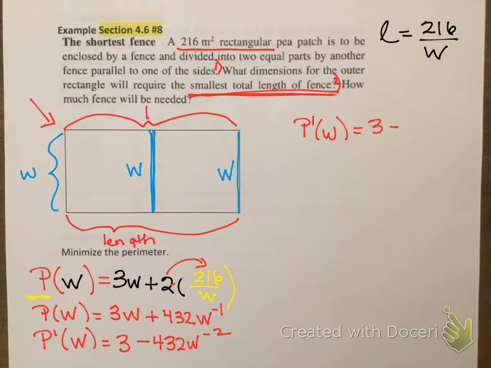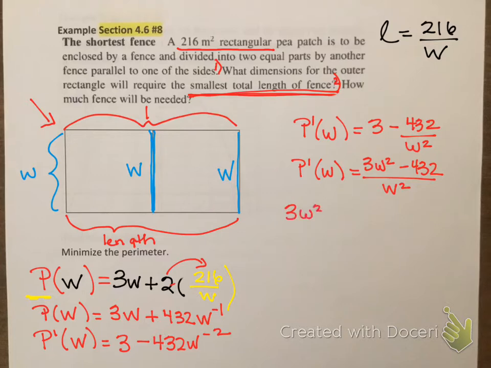So I have 3 minus 432 over W squared. Getting a common denominator will give me 3W squared minus 432 over W squared. I can now set both the numerator and the denominator equal to 0.